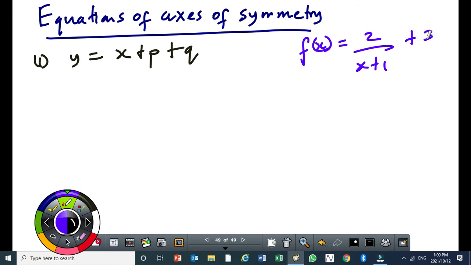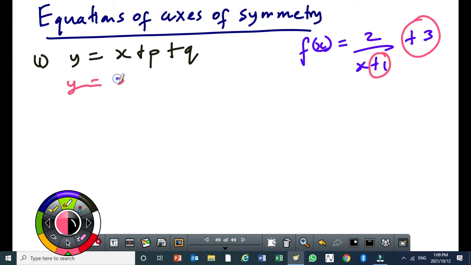So you know by now that this plus 1, that's the p value. P is 1. That plus 3, that's the value of q. So the equation is going to become y equal to x plus 1 plus 3, which will give you y equal to x plus 4.